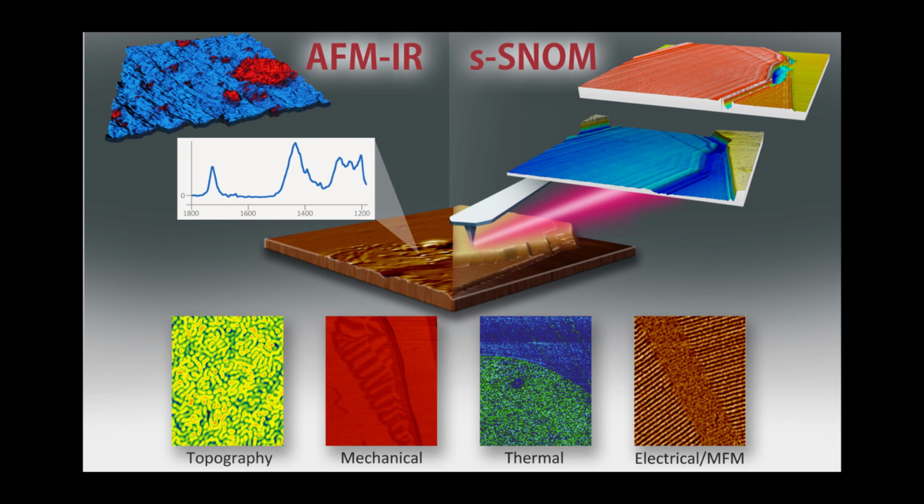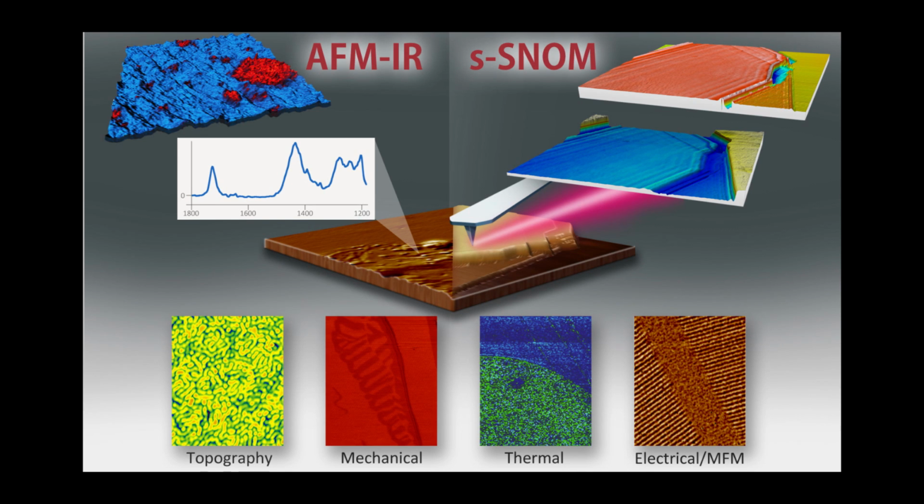There is a question about what the limitation on probe choices is for the techniques. For both AFMIR and scattering SNOM, it's beneficial to have local enhancement at the apex of the tip.